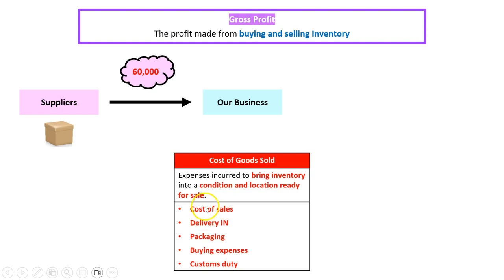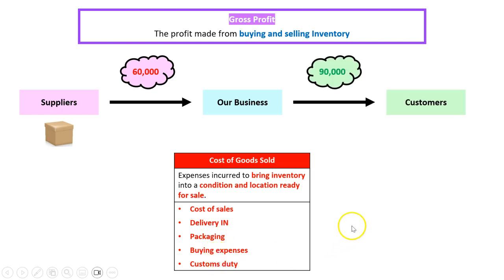We'll look at this in more detail later, but for now the things that'll be in there are cost of sales, delivery in, so delivery to get the inventory to our business, packaging, buying expenses, customs duties, things like that. So we get all the inventory into our business, and let's say that all costs $60,000.